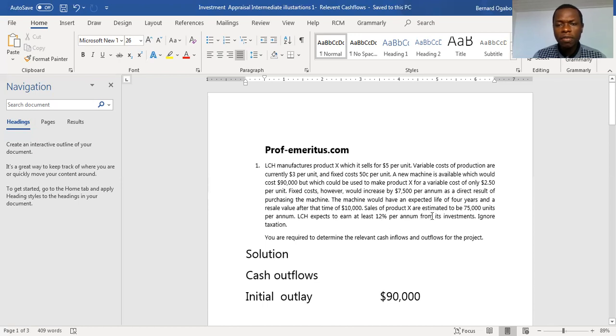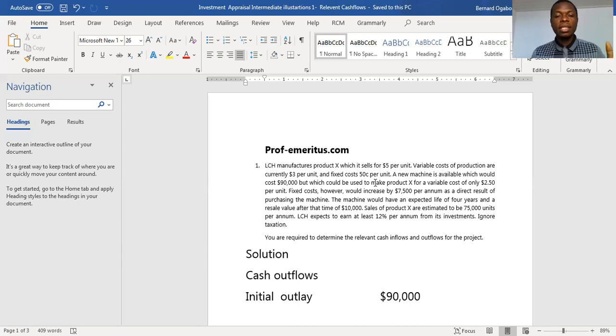Then for cash inflow, irrespective of the fact that we are producing 75,000 units of this product and we know the selling price and we know the variable cost, it does not matter to us in this context, because in relevant cash flow, cost that is already passed, like the machine that is subsisting, of course, is not mentioned here.